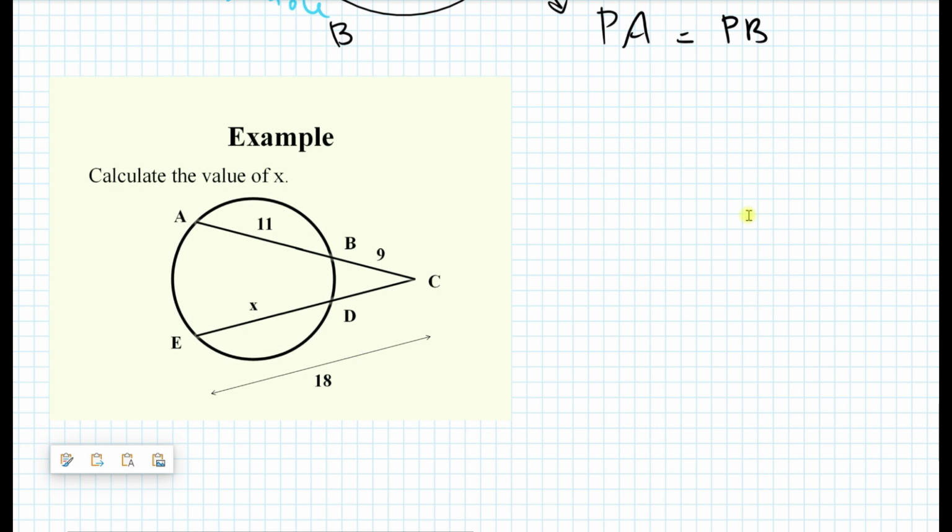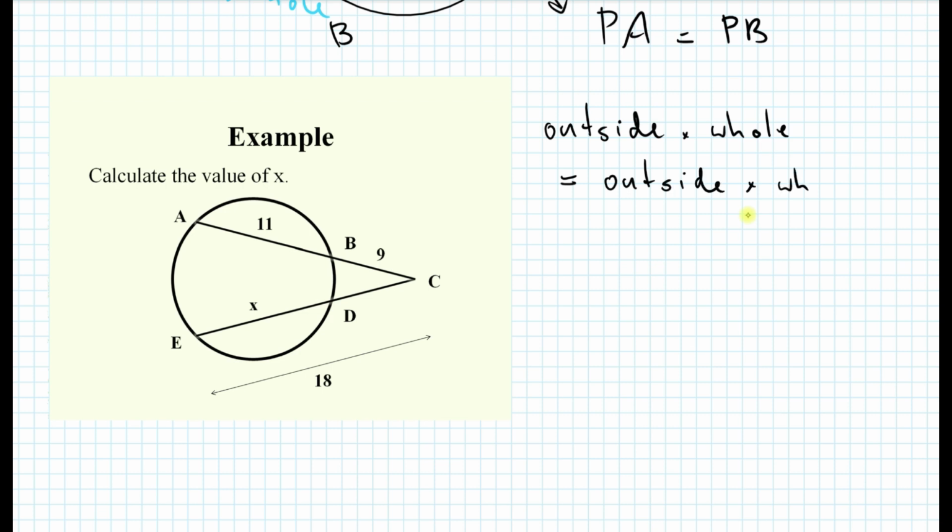So according to this, we have outside times whole is equal to the outside times the whole. Okay, so if you look at the first secant, ABC, what is considered outside?